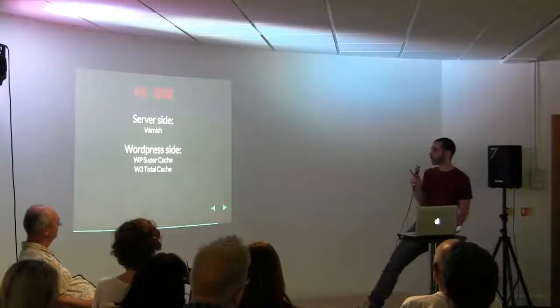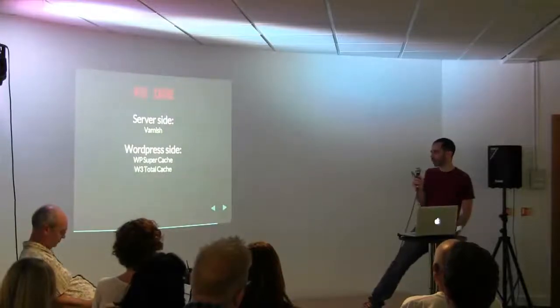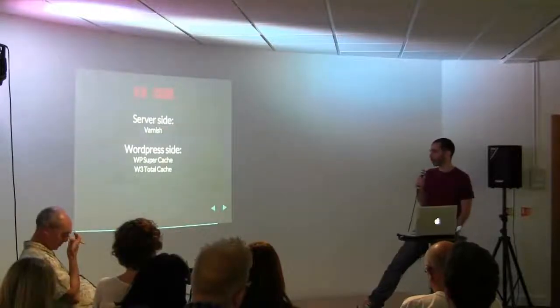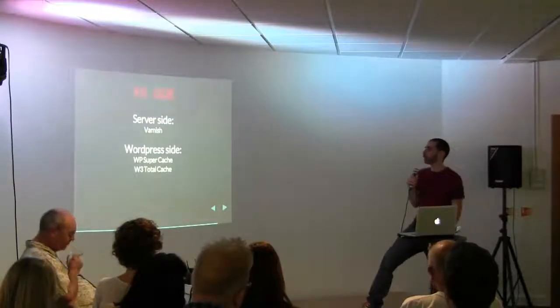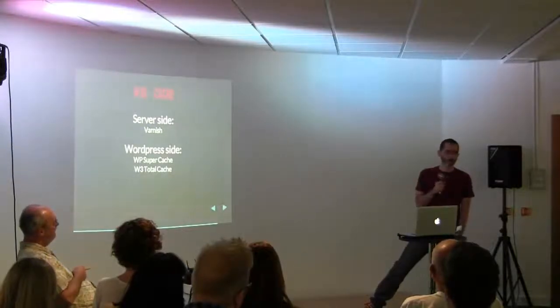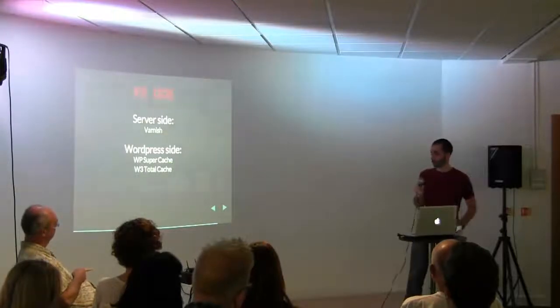Then there is the WordPress-side cache. The two best WordPress caches are WP Super Cache and W3 Total Cache. They are cool, but I used to use Varnish, so I just know that they are cool.